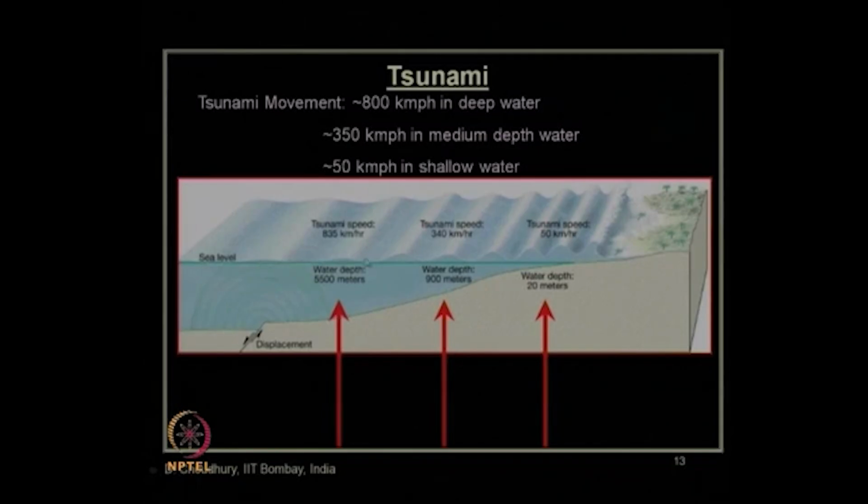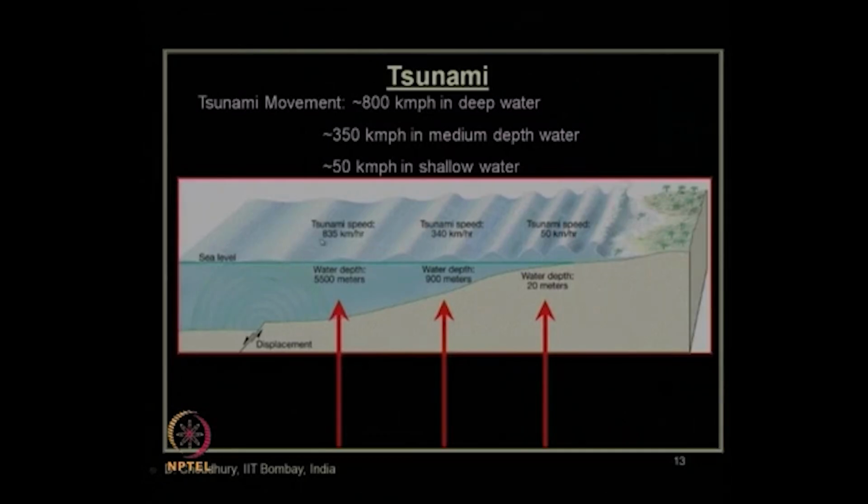But as it approaches close towards the coast or the shore, you can see it will increase in height, but the speed will reduce drastically. So, this is the typical speed in deep water, this is the typical speed in medium depth water, and this is the typical speed in shallow water, but the height continuously rises because the total energy flux of the tsunami remains almost constant.